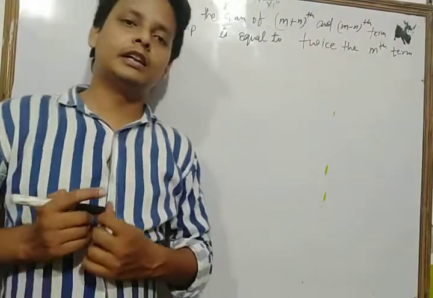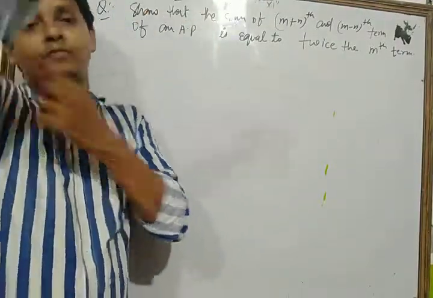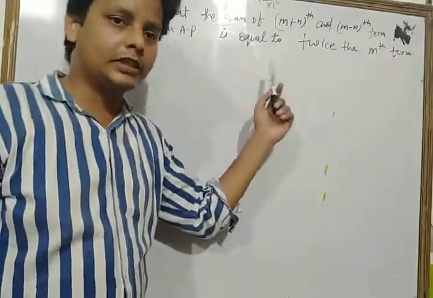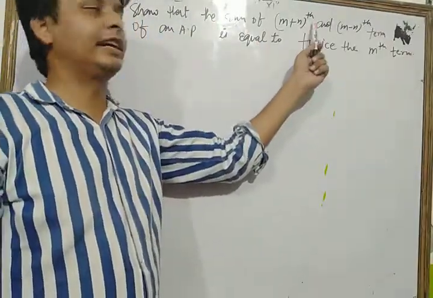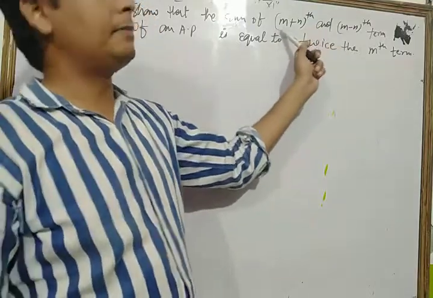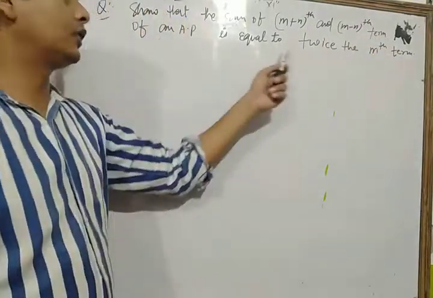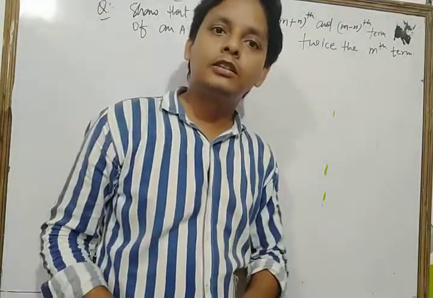So dear students, this is another question of your NCERT exercise. We have to show that the sum of the (m plus n)th term and (m minus n)th term of an AP is equal to twice the mth term.